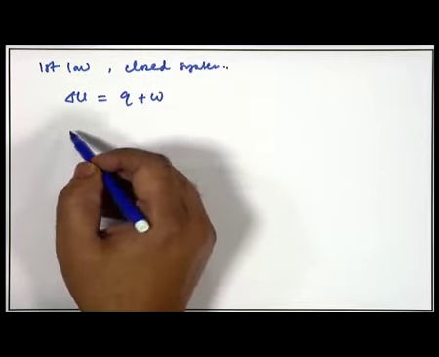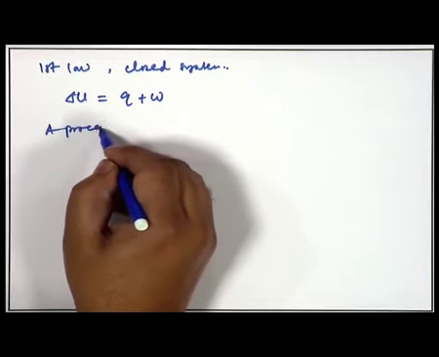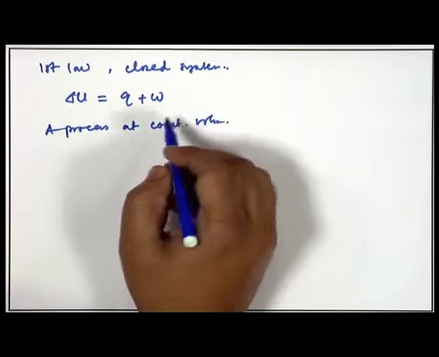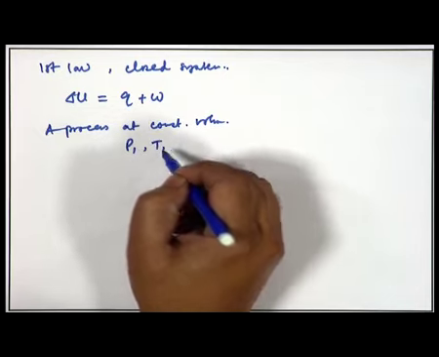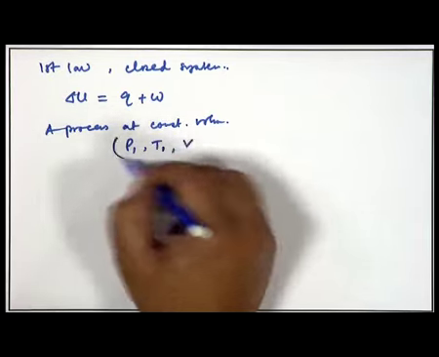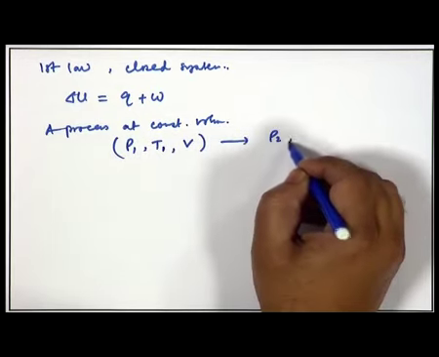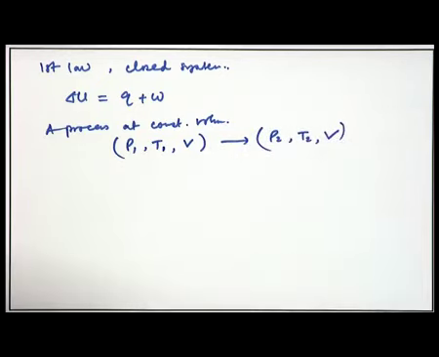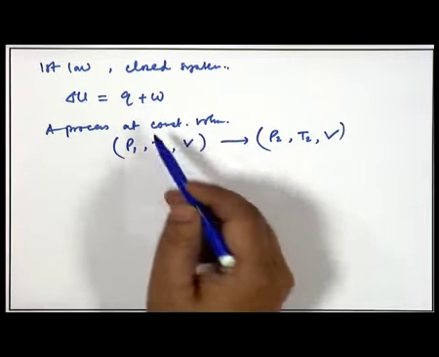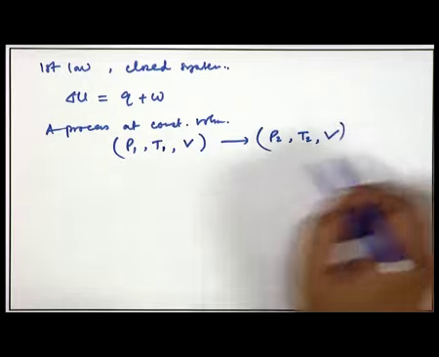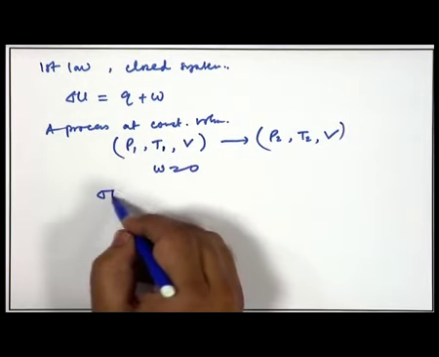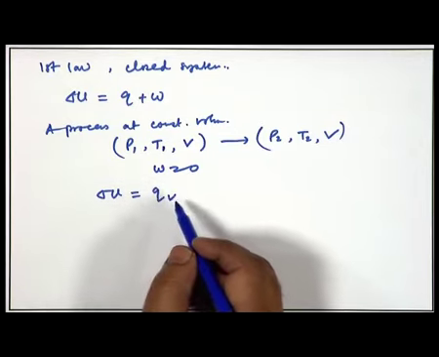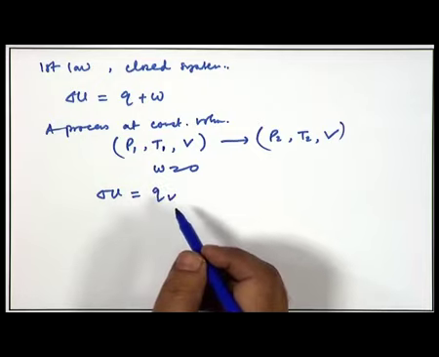Now if you take a process which is happening at constant volume, P1, T1, V to P2, T2 and V, we are doing a change at constant volume, so obviously W would be 0, then delta U would be the heat change which is happening at constant volume.